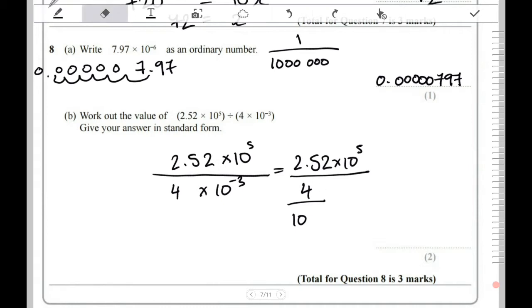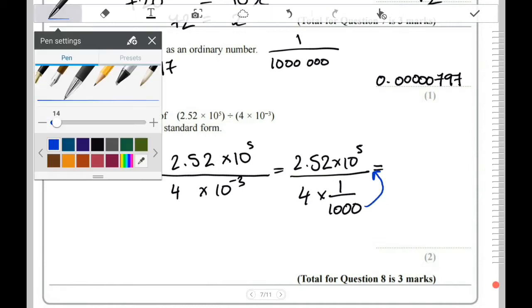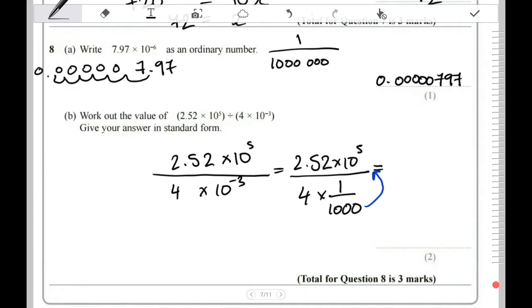because that's the same as, if I write it like this, 4 times by 1 over 1,000, which is the same as multiplying. If you're going to divide the bottom by 1,000, it's the same as multiplying the top by 1,000.